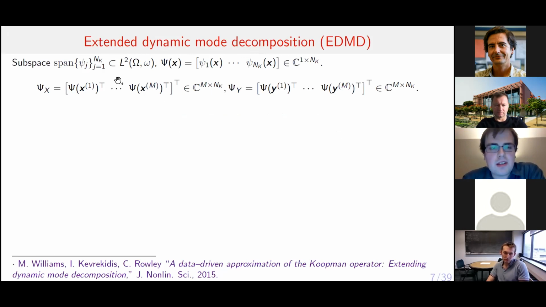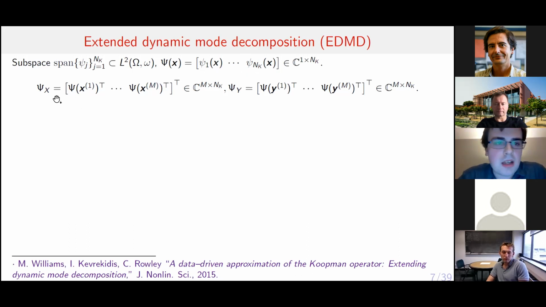So what they do is they study the Koopman operator on a subspace spanned by some functions or dictionaries. Okay, so psi j are just some observables. And for notational convenience, I'm going to collect these dictionary elements in this quasi-matrix here. Okay, so each column just corresponds to the evaluation of a different dictionary element.